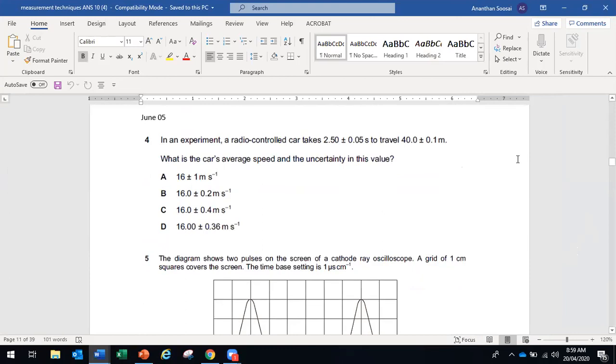Okay, everyone, please look at June 5, question 4. Use the technique I taught you just now. Try to get the answer for this. 2 minutes for you.